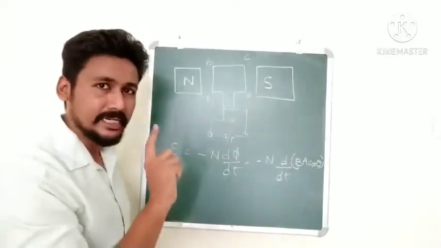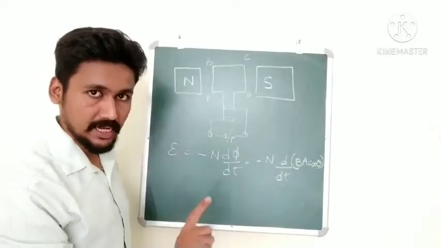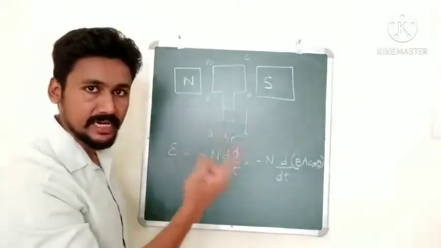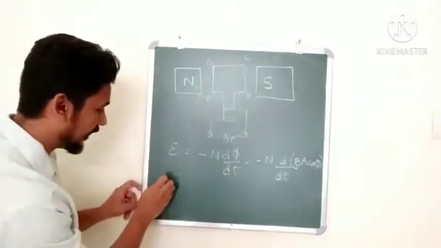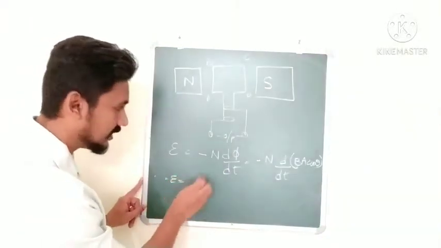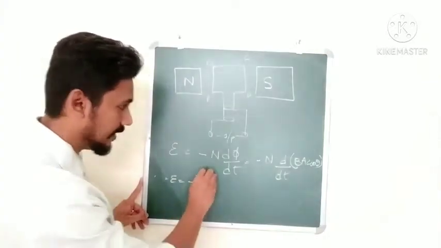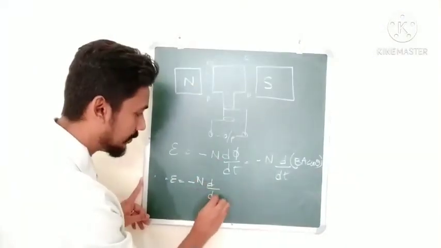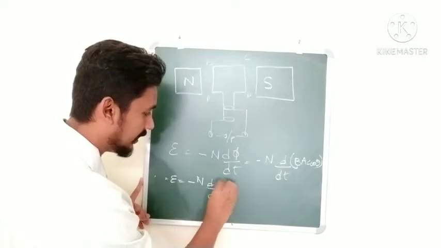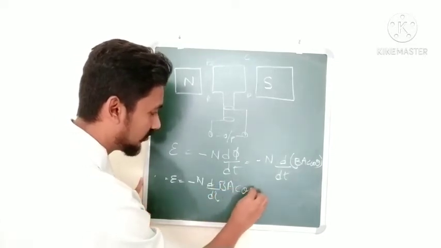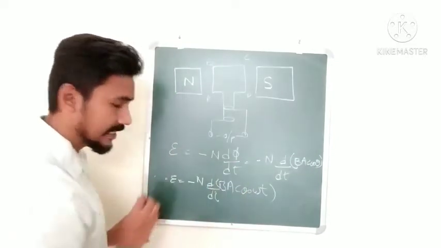Let us assume that it is moving with an angular frequency omega, then theta will be omega t. So you will get, therefore, E is equal to minus N d by dt of BA cos omega t. That is the relation.